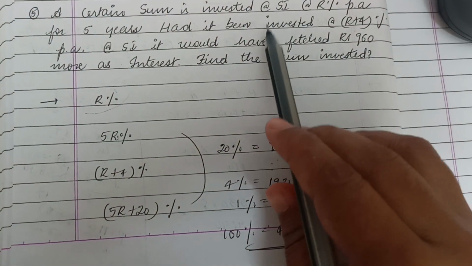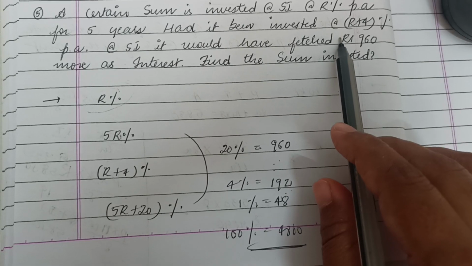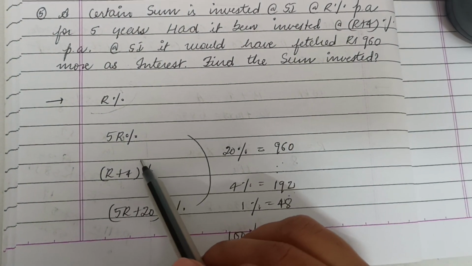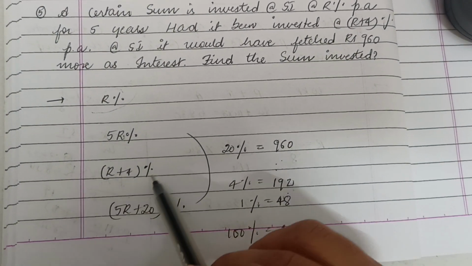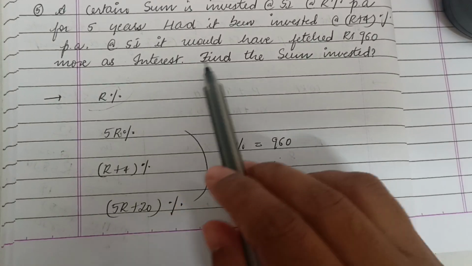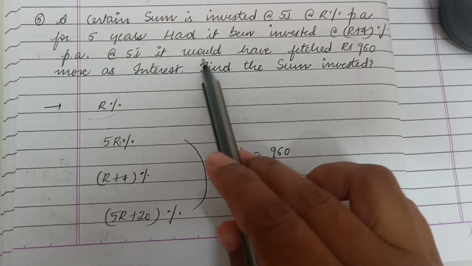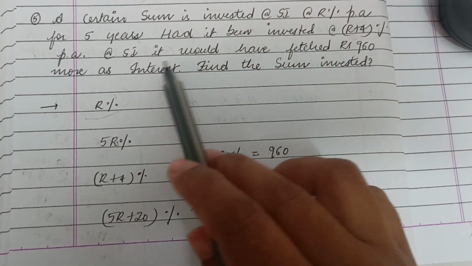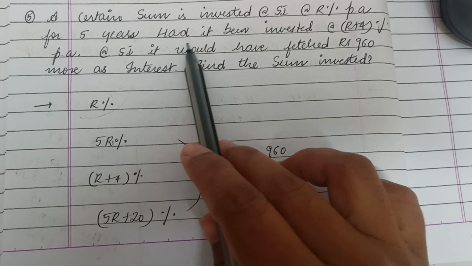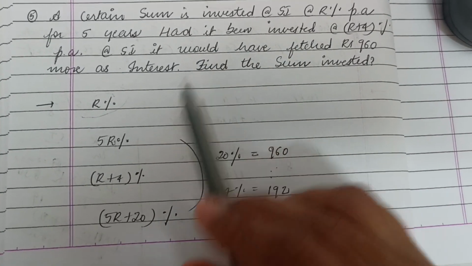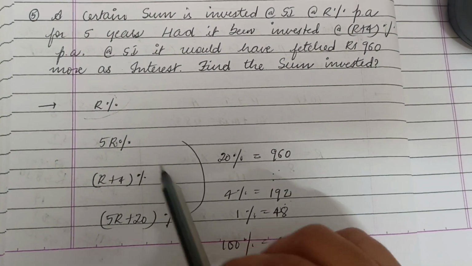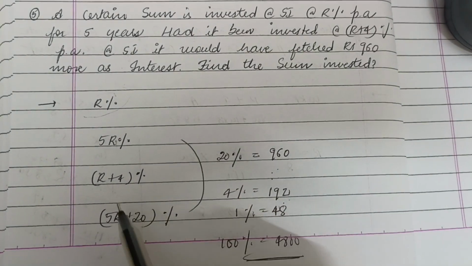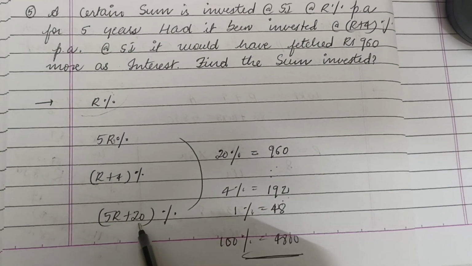And had it been invested at R plus 4% for the same 5 years, which they didn't mention but it is implied, that will be 5R plus 20%.